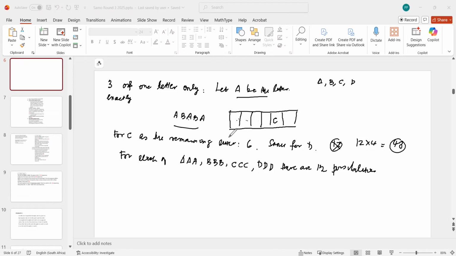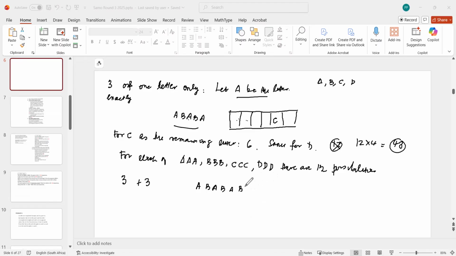Now, you could have had three of one and three of the other. For instance, in that case you'll have a thing like this: A, B, A, B, A, B. The last letter there I chose as C or D, but suppose the last letter was like this.